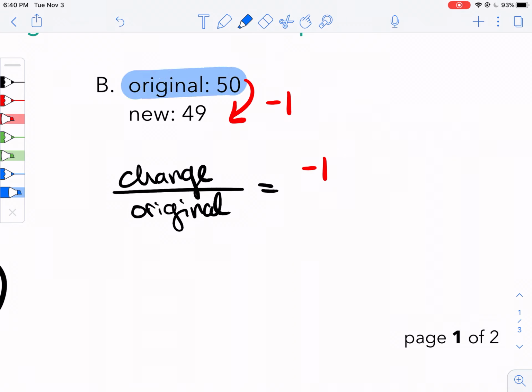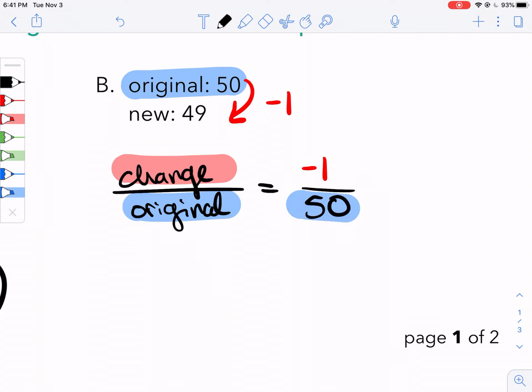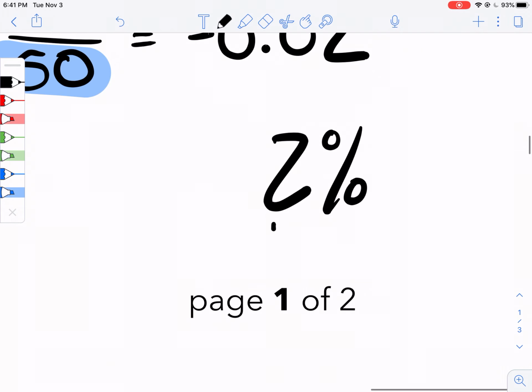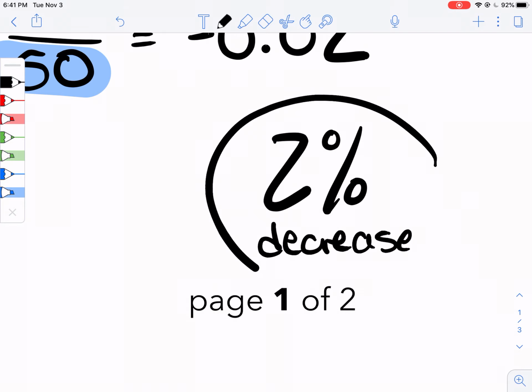And our original amount, we don't know it's a price, it's just our original amount, is 50. -1 divided by 50 is -0.02. And that's a -2% change. Or we can say that's a 2% decrease because it went down 2%.